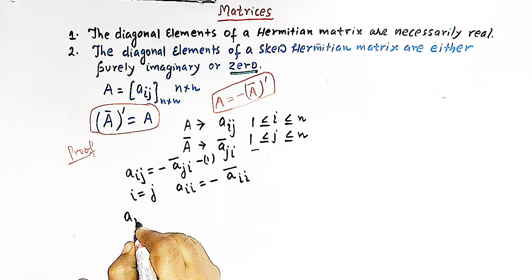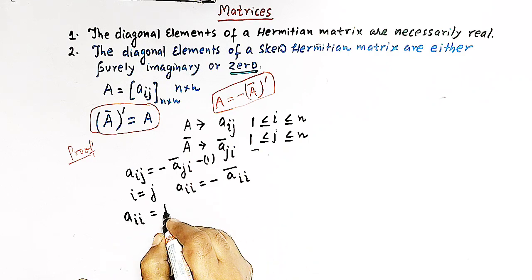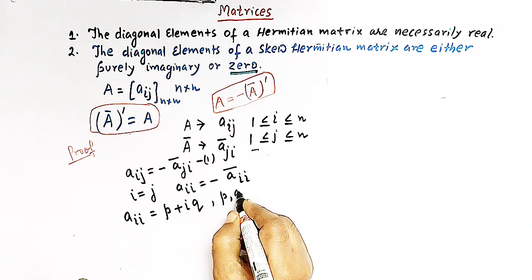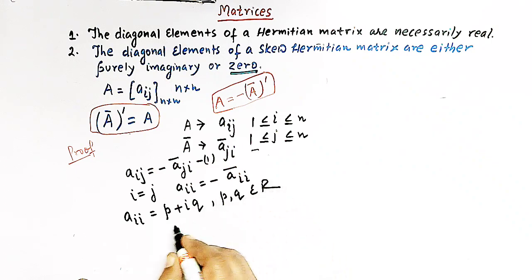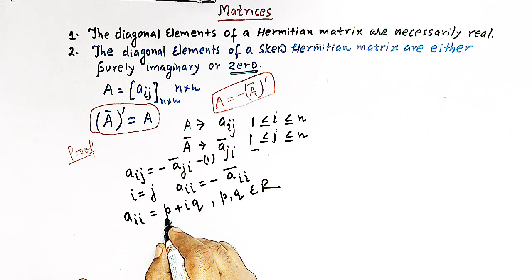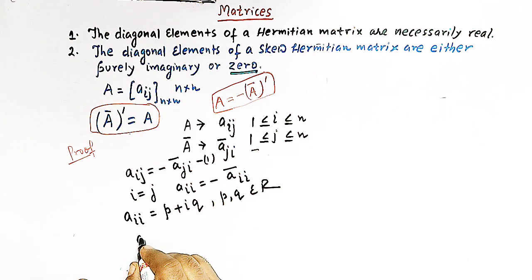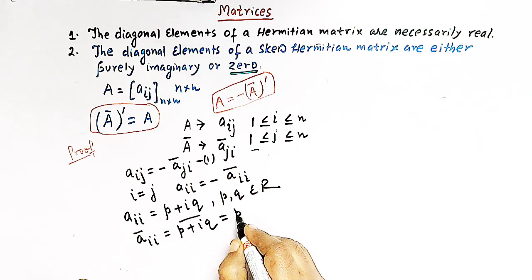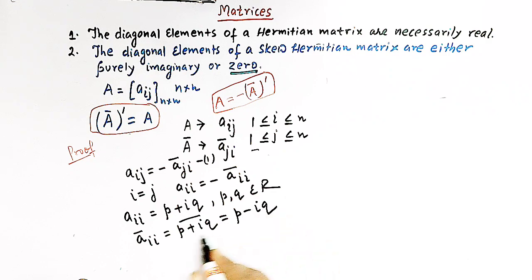So let us take aii as a complex number p plus iq, where p and q belong to the set of real numbers, and remember p is the real part and q is the imaginary part. So we have the complex conjugate of aii as a bar ii, and here we have the conjugate of p plus iq, and this is equal to p minus iq, right?